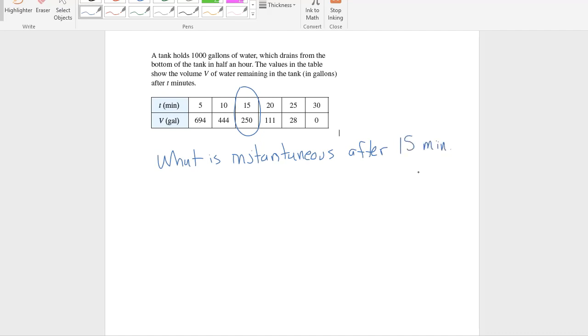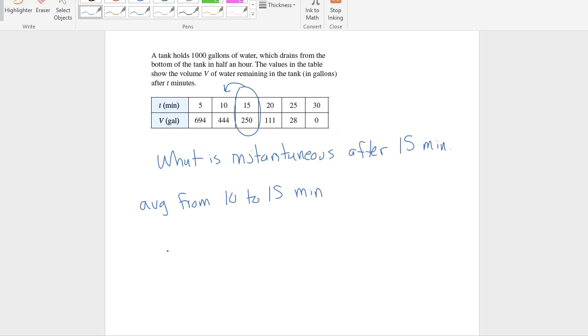Okay, so there's a couple of ways for us to do this. One way would be to say back off to the left, and we're going to find the average rate of change here. So that could estimate possibly the instantaneous rate of change at 15. So let's say we look at the average. Let's look at the average from 10 to 15 minutes.